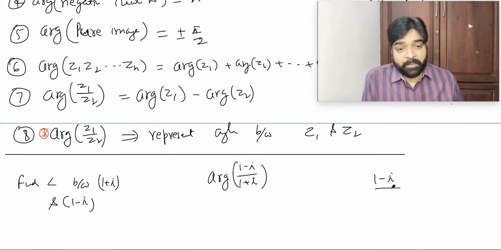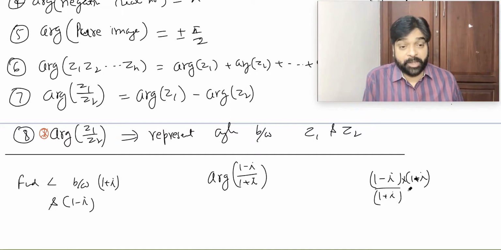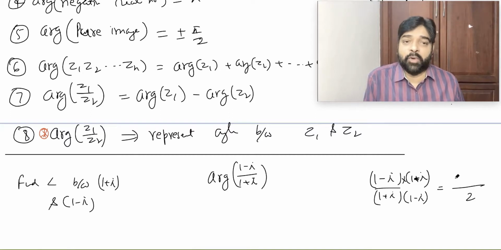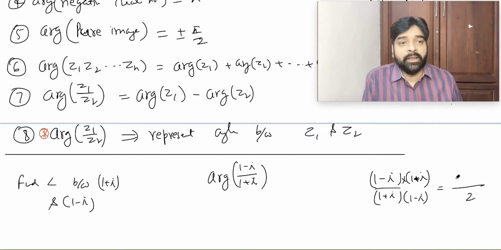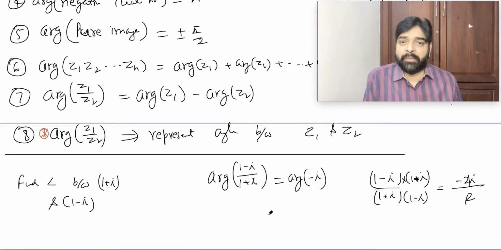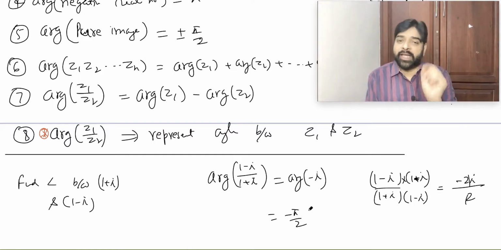Again I will do the same drama, multiply by the conjugate. 1 minus i, and here the conjugate of the denominator, be clear, 1 minus i. So the denominator will become 2. Numerator will become 1 minus i whole square, which is minus 2i. 2 by 2, and we'll say this equals the argument of minus i. What is the argument of minus i? Minus pi by 2. What does a negative angle mean?